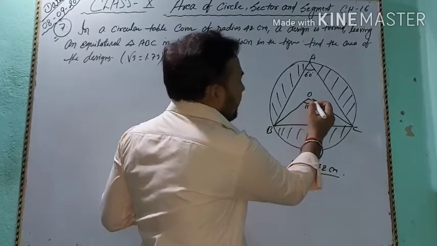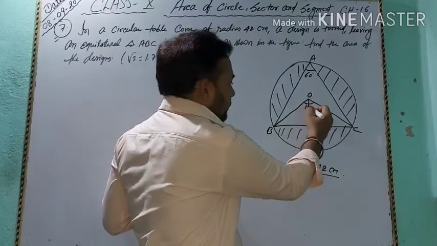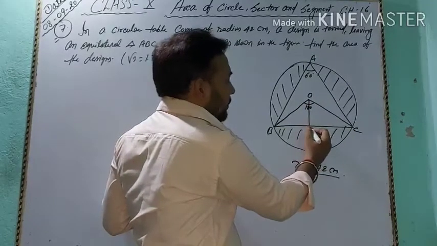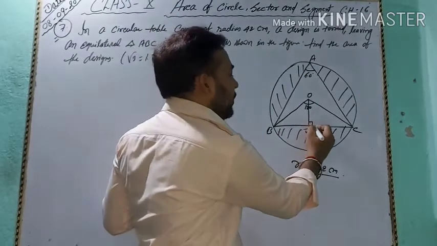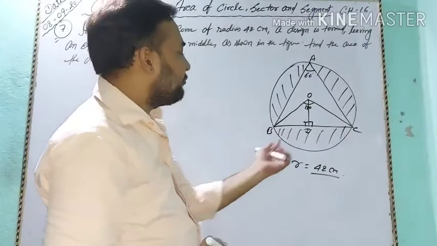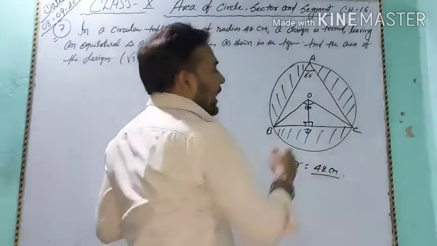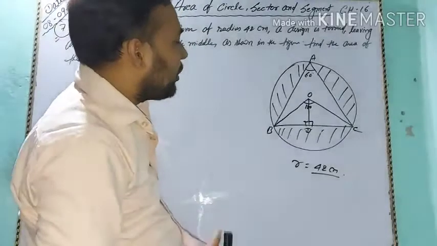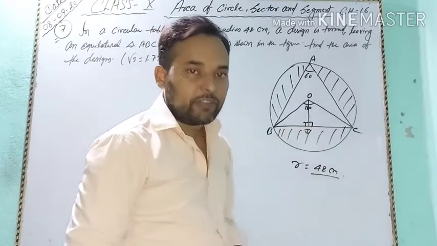Okay, and draw OD perpendicular to BC, and we know that OD perpendicular bisects the chord BC. BC is the chord of this circle. Okay, and the center पर से जब perpendicular draw करेंगे chord पे, तो वो chord को bisect करेगा.